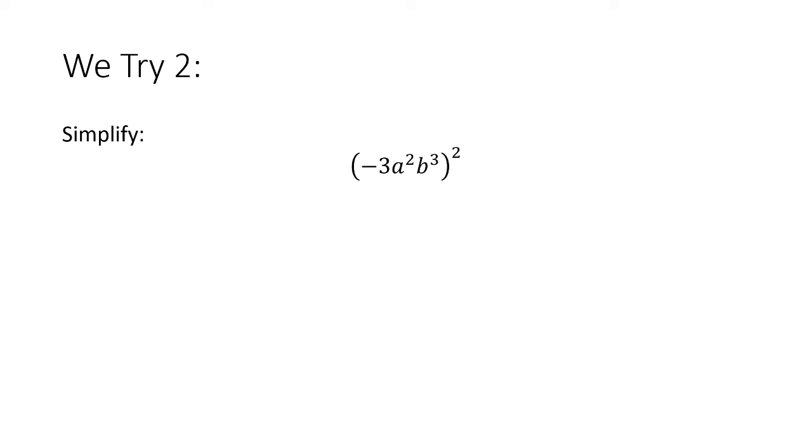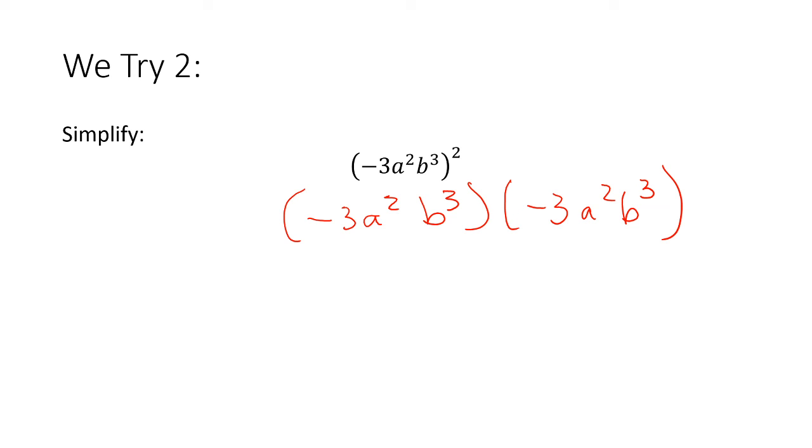Okay, let's try another one. Negative 3a squared b to the 3rd, all of that squared, which means that I'm actually doing this. Means that I have two of those. So let's separate them out now. Negative 3 times a squared times b to the 3rd times negative 3 times a squared times b to the 3rd.